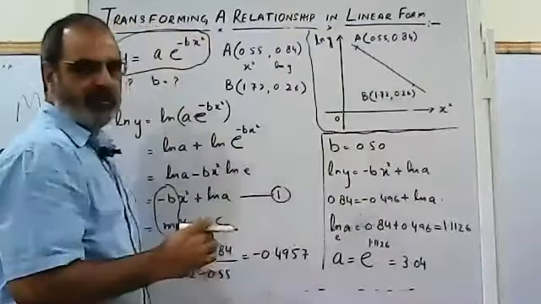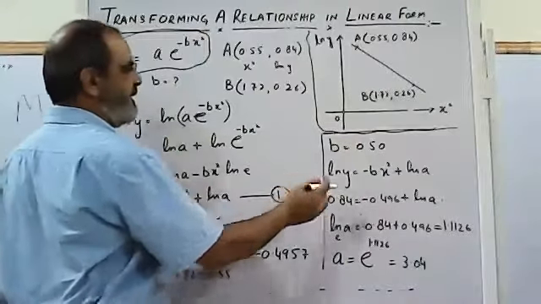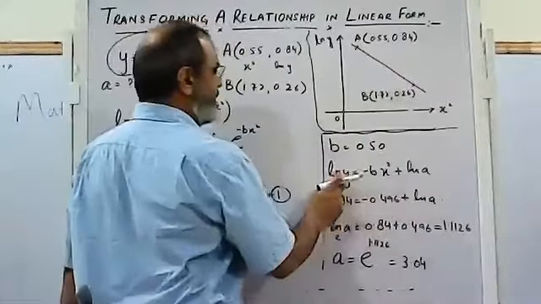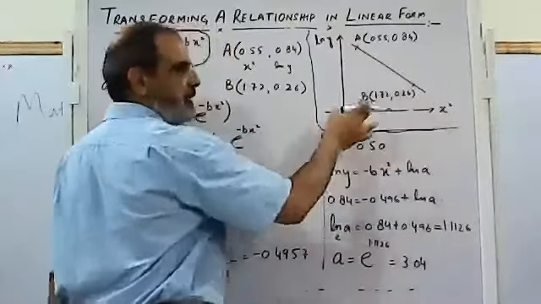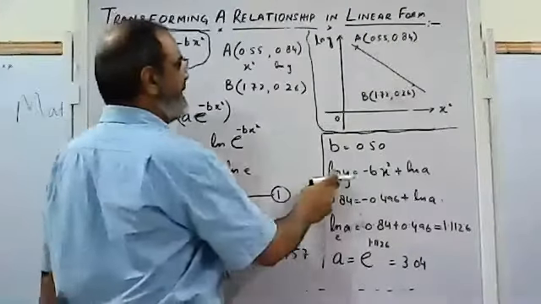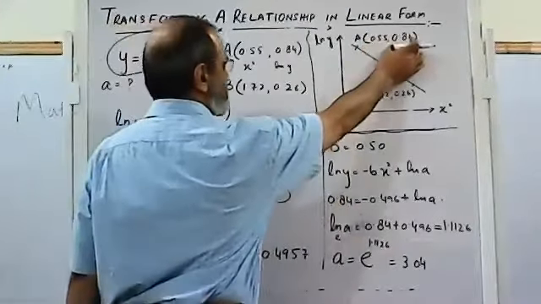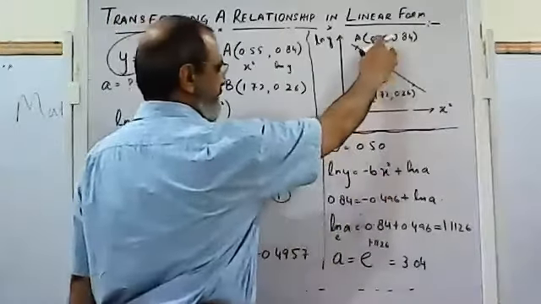To find the value of a, again I have used this equation, and remember, in this equation ln of y and x square are the 2 variables that are used. Value of ln of y I have taken as 0.84, and value of x square I have taken as 0.55.